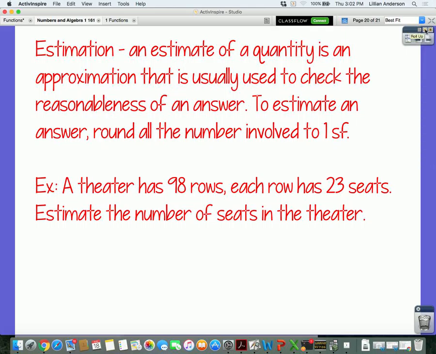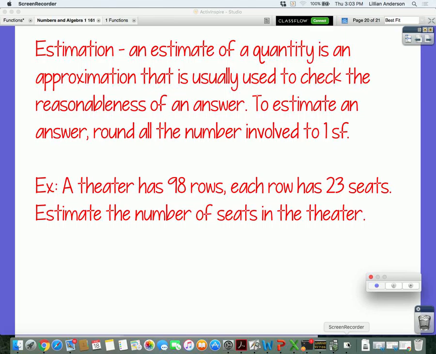Estimation is kind of like rounding. But an estimate of a quantity is an approximation that is usually used to check the reasonableness of your answer. To estimate an answer, you round all numbers involved to 1 significant figure. What's the important part of that top piece? You round all of it to 1 significant figure when you're trying to do an estimate.